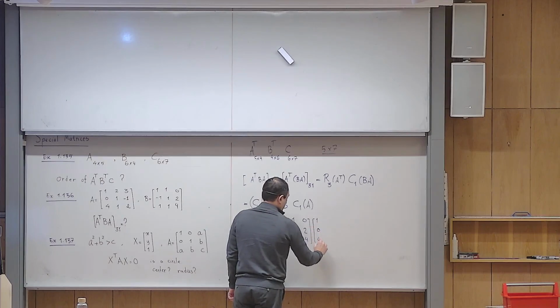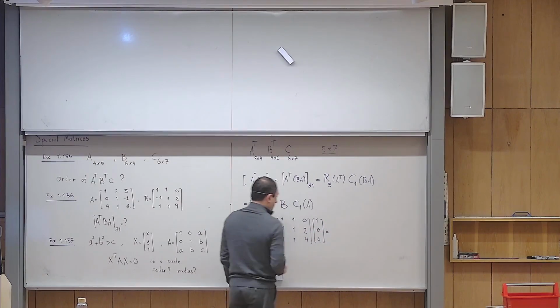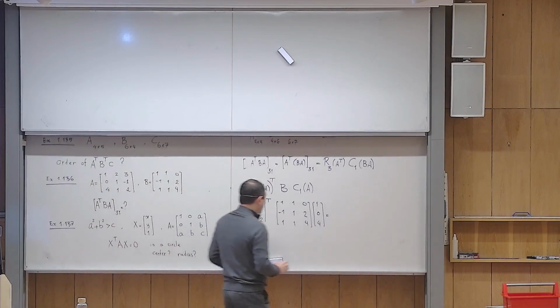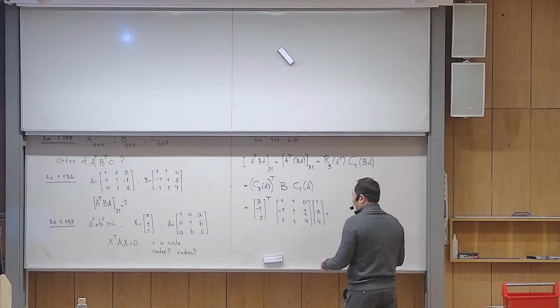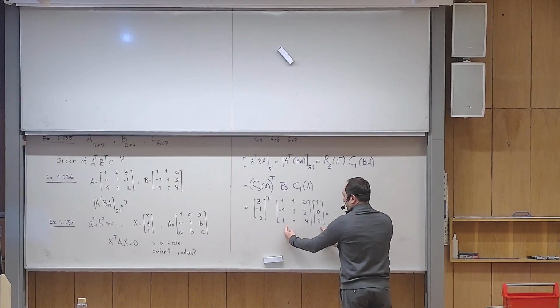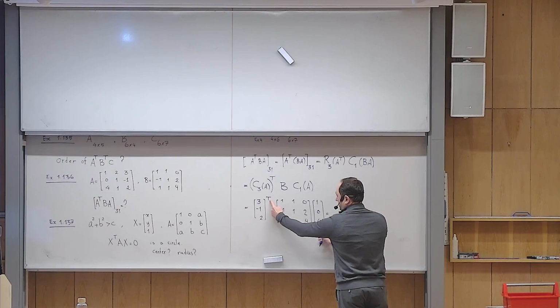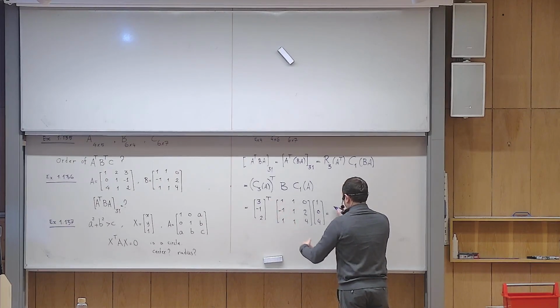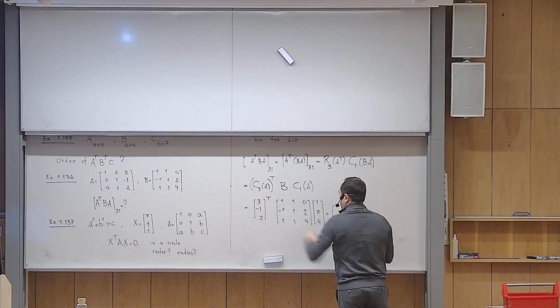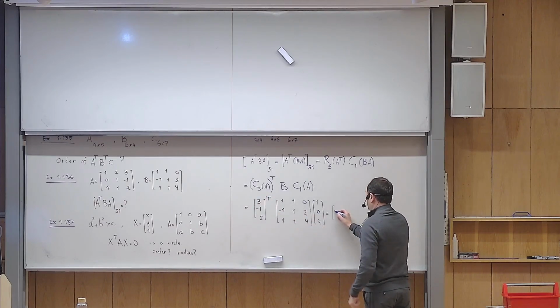And then you have to do this calculation. It doesn't matter which way I group them, I will multiply them. But of course, there is a transpose here, so let me do them in one go. I transpose this matrix, so it becomes a row matrix, 3, minus 1, and 2.